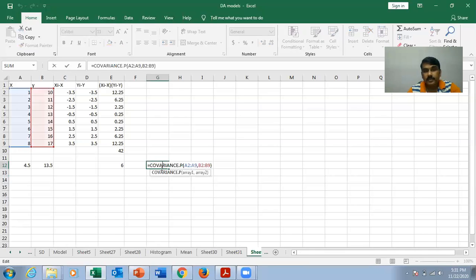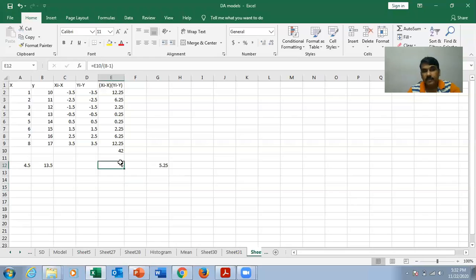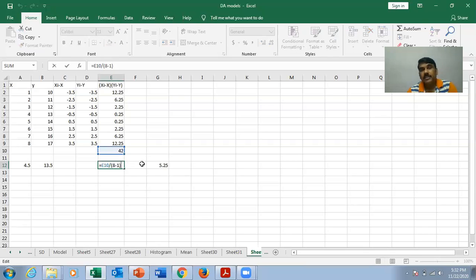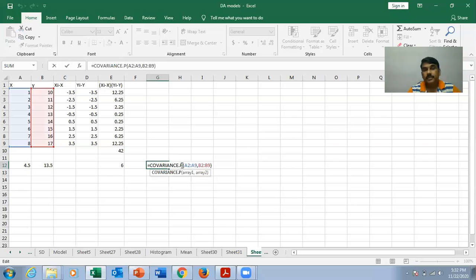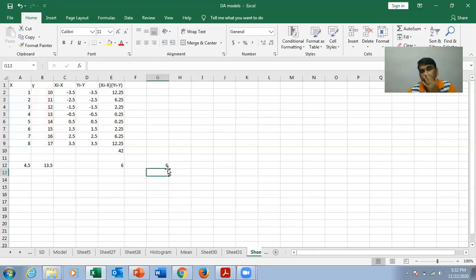Right here, just see the difference. Why does it have two different values? Because we took n minus 1 for the sample, and here we have the population. We will check again whether the values are now 6.